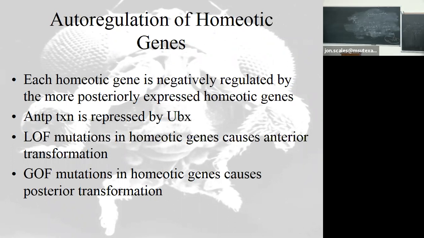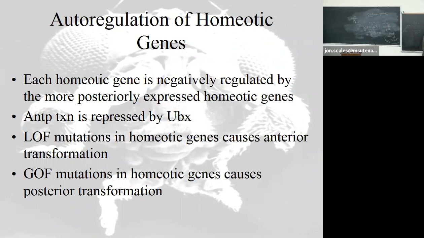It's when an anterior structure transforms to look like a posterior structure, so posterior getting moved and transforming the anterior one. That's a posterior transformation. It's a gain of function. So Antennapedia was expressed in the head, which is where it's not supposed to be, because it gained that function.